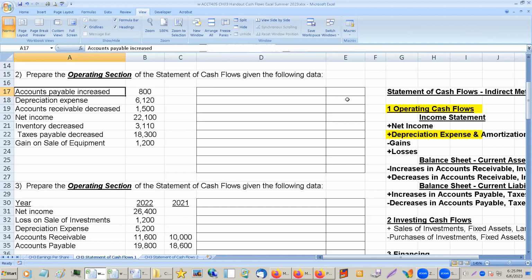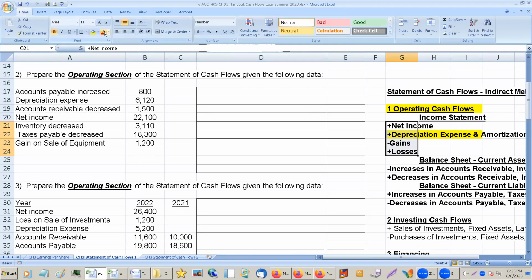Okay, operating section. So we start out with our net income. So these are basically the ones we're going to use first. So net income, we got here.